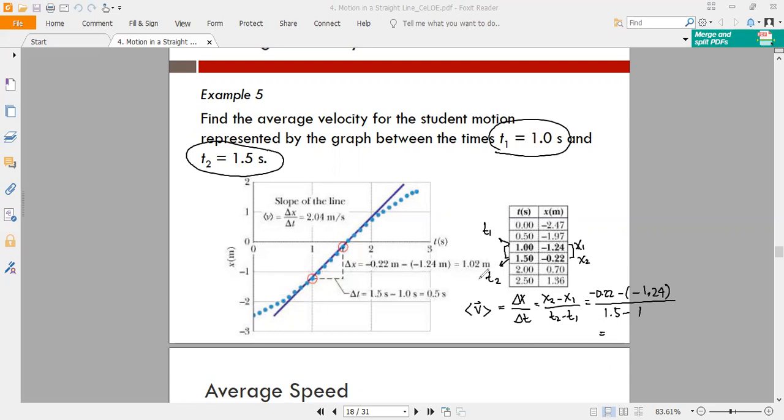So we have, okay, because minus minus is plus, so we have 1.02 meter over 0.5 second. And the result is 2.04 meter per second. So it's quite easy, right, to find the average velocity.